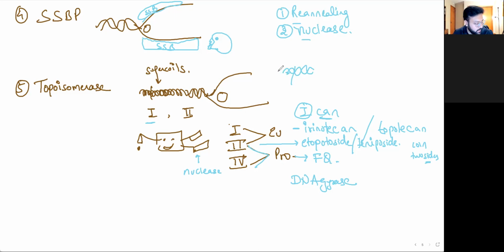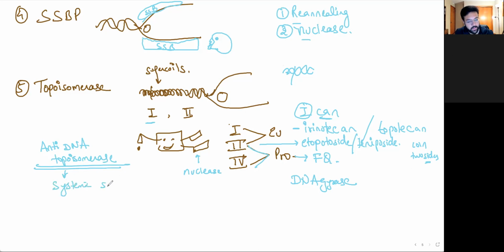Now we have one disease where we form antibodies against topoisomerase. What is that? Anti-DNA topoisomerase. Systemic scleroderma, very good.